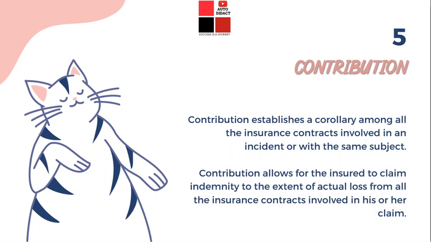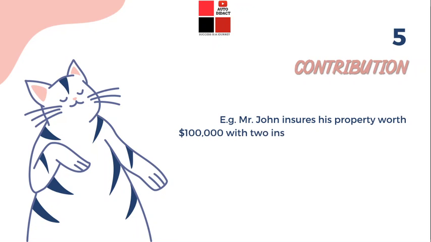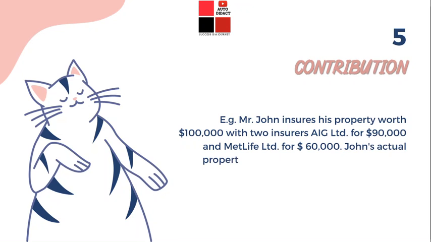For example, Mr. John insures his property worth $100,000 with two insurers, AG Limited for $90,000 and MetLife Limited for $60,000. John's actual property destroyed is worth $60,000.